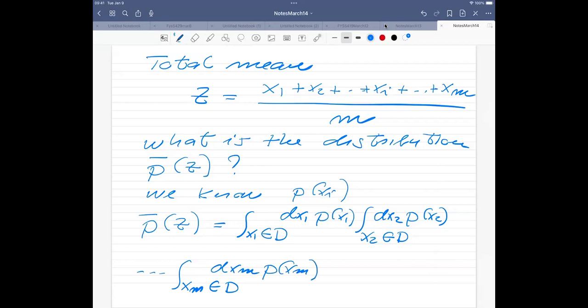But now I have a constraint, and that is a constraint through a delta function, given by z minus (x1 plus x2 up to xm) divided by m. Now I'm going to do some manipulations in order to show you how we derive the central limit theorem.